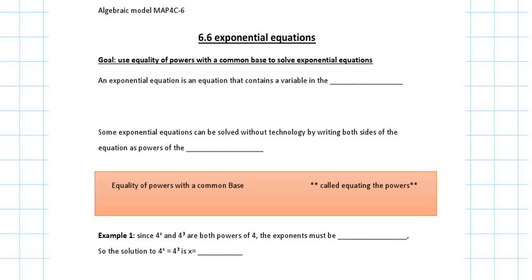An exponential equation is an equation that contains a variable in the exponent x. So for example, if I tell you 2 to the power of x equals 32, what would be the value of x?